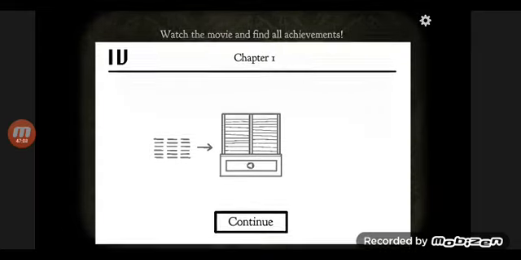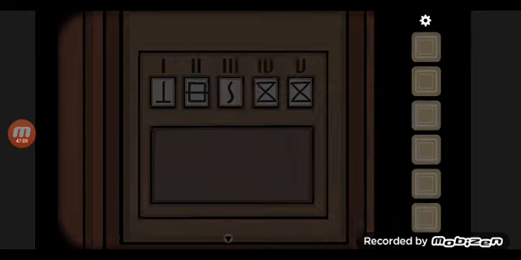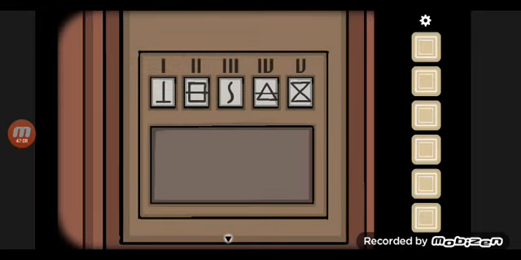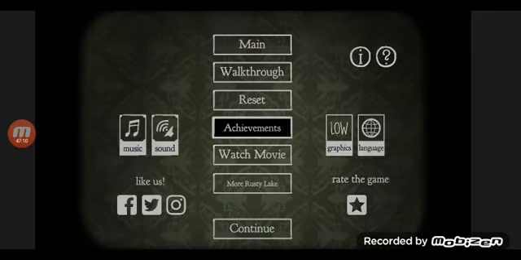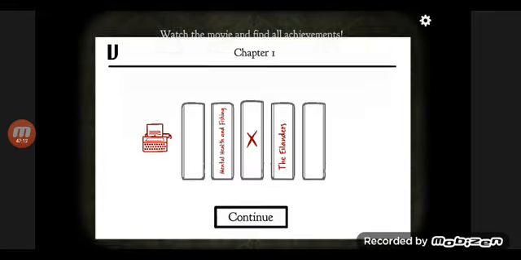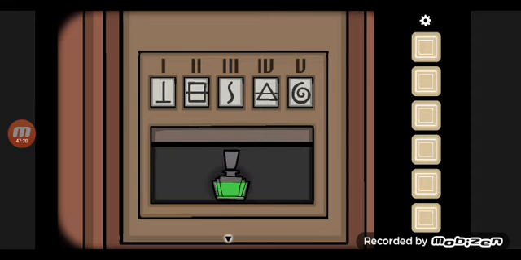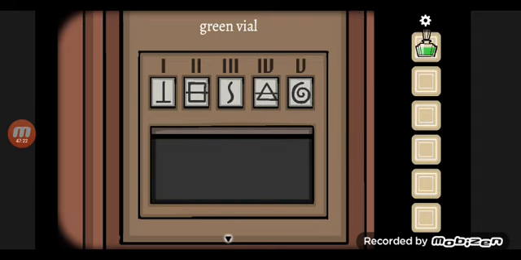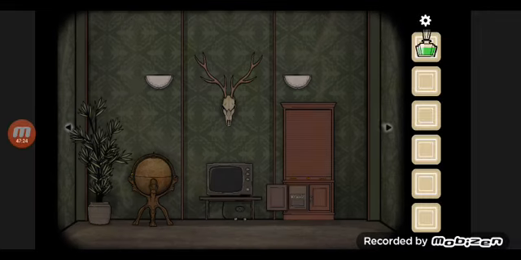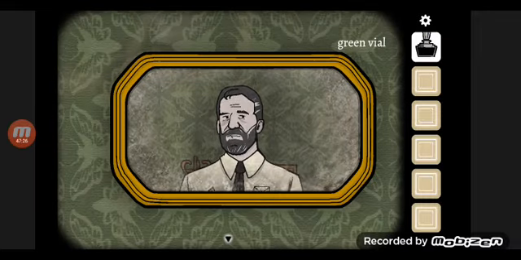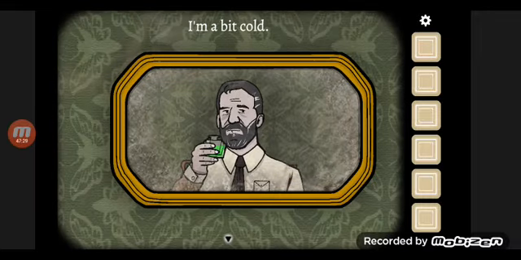This is the fourth one. And this is the last one. And we've got the green vial. Now let's turn to the mirror and give our reflection the green vial.